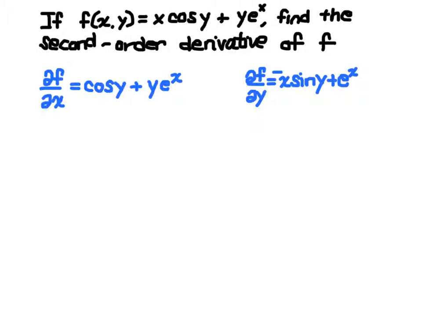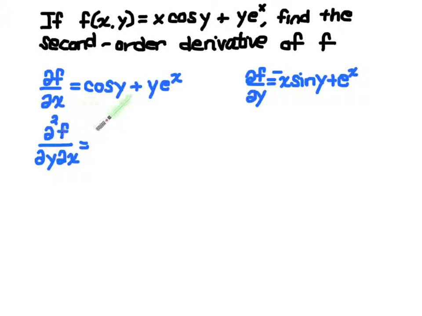Okay. So now we want to find the second partial derivative of f with respect to y and x. If we remember how this works, this means that we're first taking the partial derivative of f with respect to x and then with respect to y.